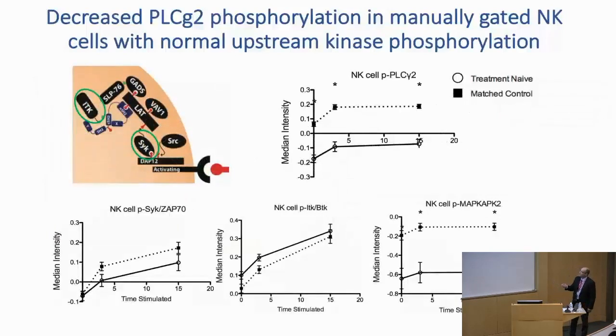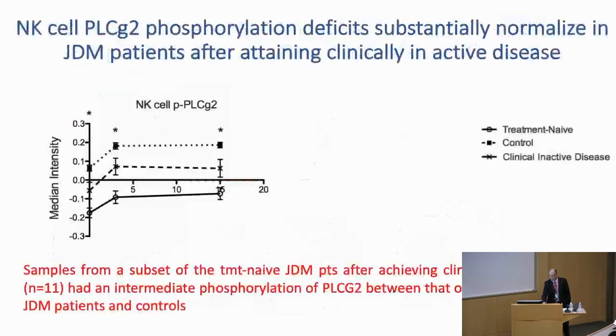In contrast, if we look at proximal tyrosine kinases, including SYK and ITK, there were no differences. And when we look downstream at MAPKAP K2, it mirrored what we saw in PLC gamma 2. And when we looked at the same patients when they reached clinically inactive disease, they were intermediate between the controls and the patients and were substantially normalized.